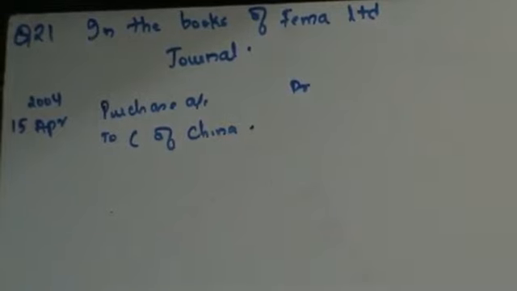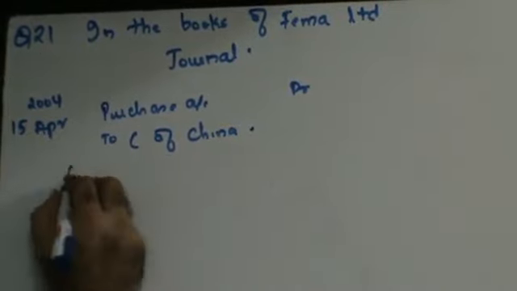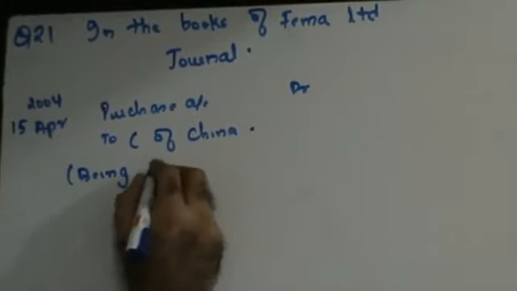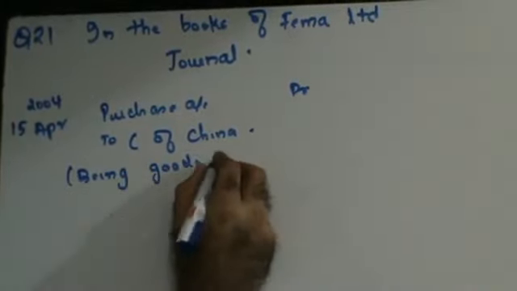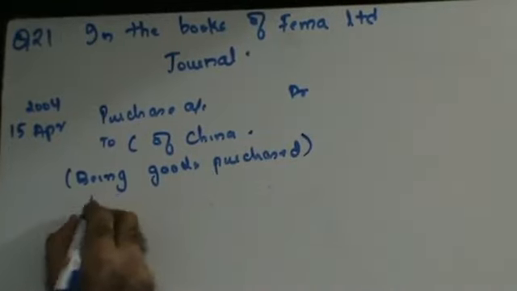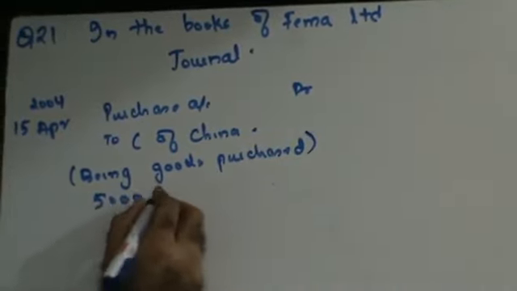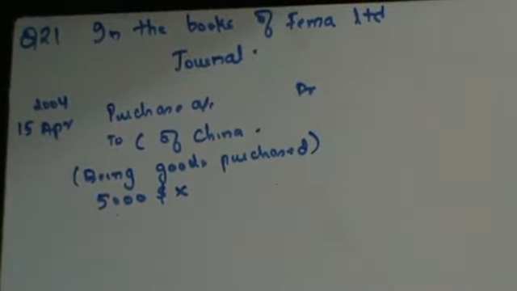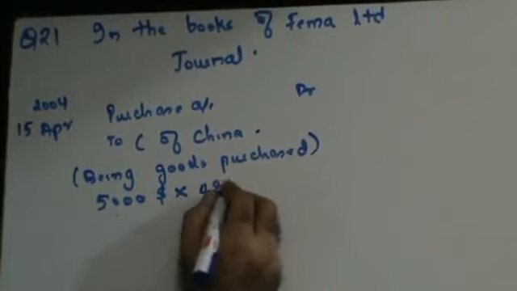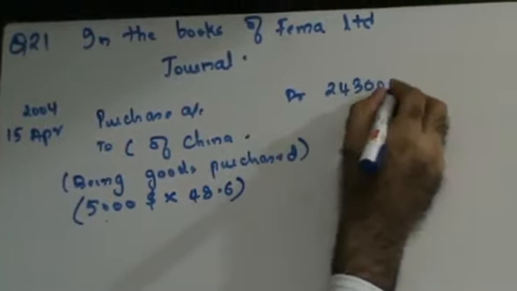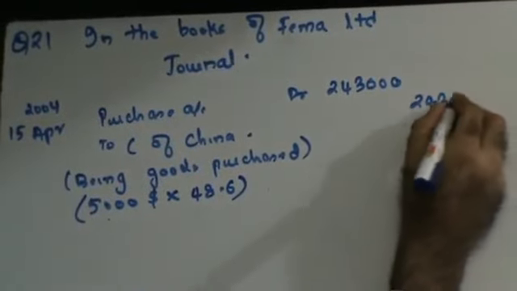You have purchased goods of $5,000. I hope you all have a calculator to give me the figures. Being goods purchased. You are purchasing goods of $5,000 when the dollar rate is given to you as 48.6. Someone give me that figure. 2,43,000.